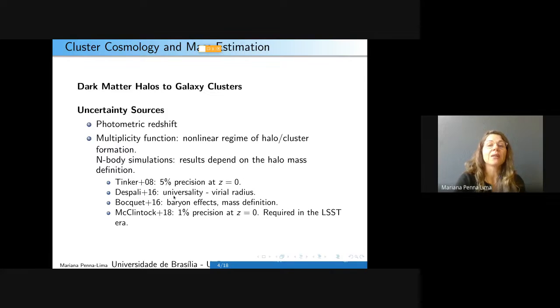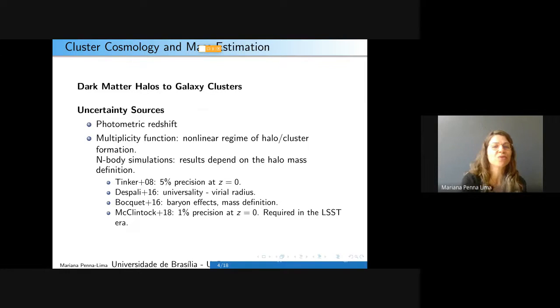Bocquet 2016, they study the universality of the multiplicity function given the mass definition that you use. This depends on the mass definition: if you use the mean density or the critical density, virial density, this can change a little bit, and even the halo finder that you use to determine these multiplicity functions.